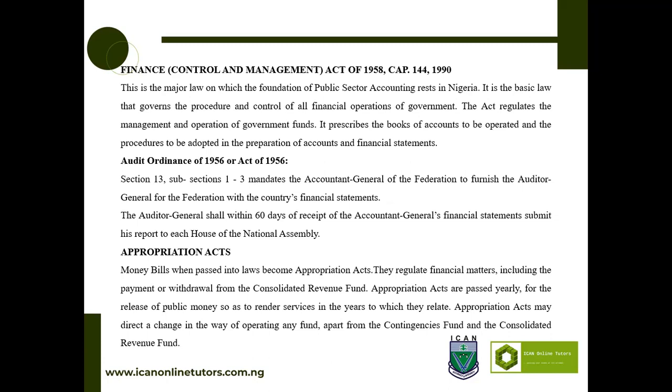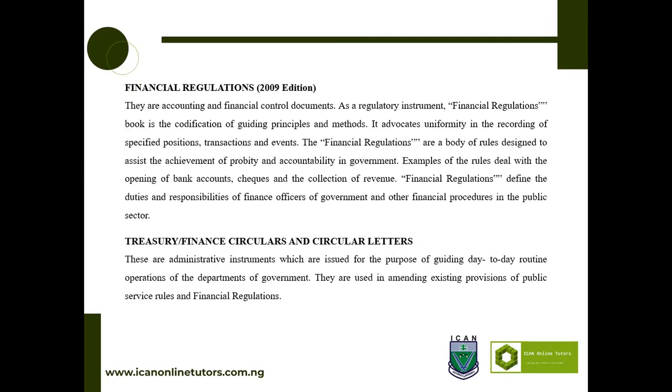These appropriation acts are passed for the release of public money so as to render services in the year to which they relate. So an appropriation act may direct a change in the way of operating any funds, apart from the contingency funds and Consolidated Revenue Fund accounts.